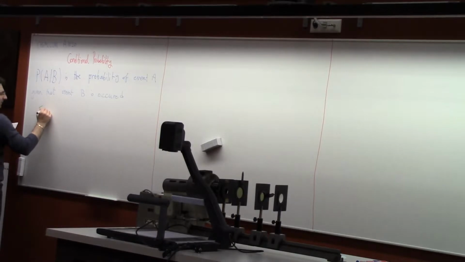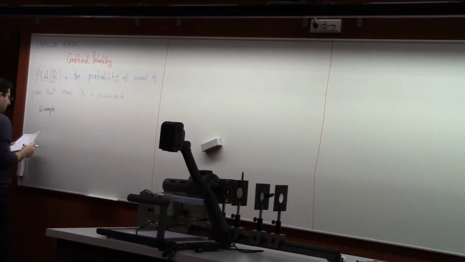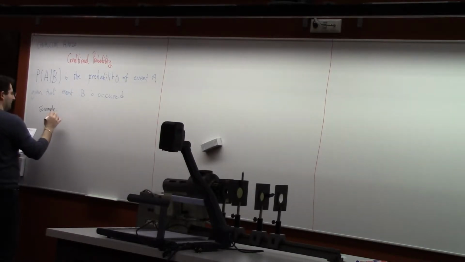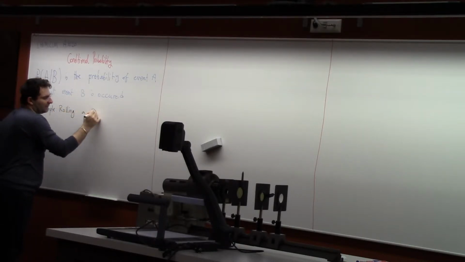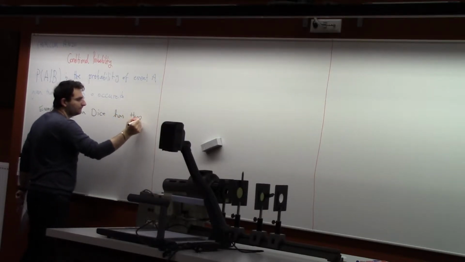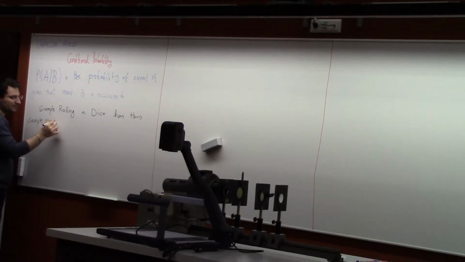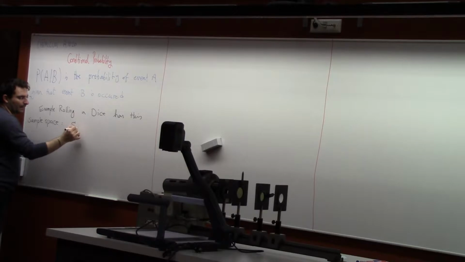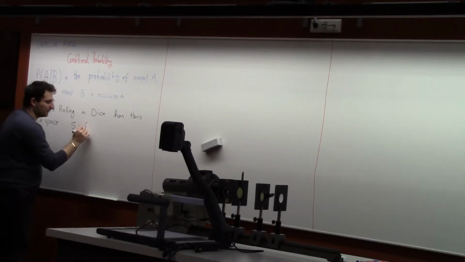As an example, we can stick with our dice. Rolling a die has this sample space. What is the sample space of rolling a die? What is S? 1 to 6.